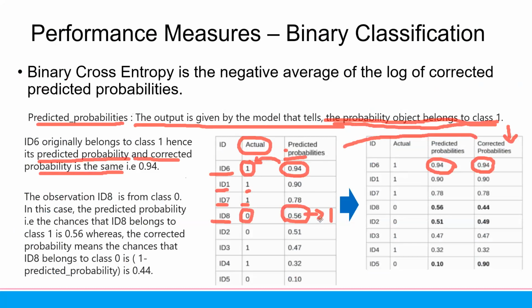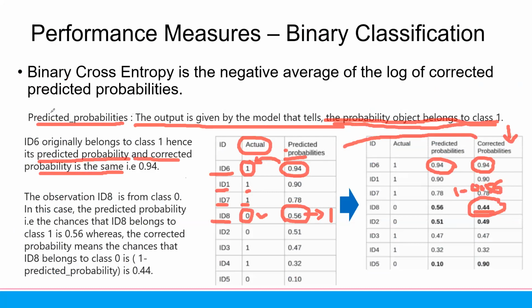However, the actual is 0. So we need to correct the probability. To correct it, we can just do the subtraction: 1 minus 0.56, and the result is 0.44.